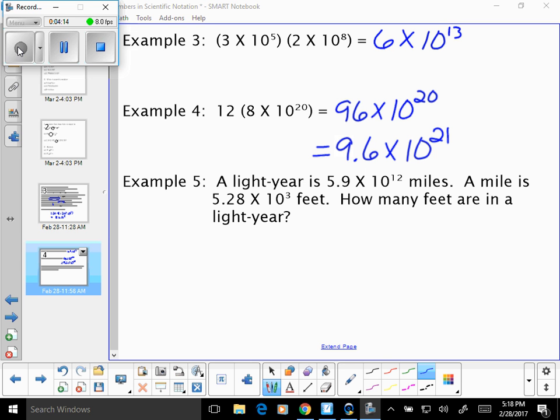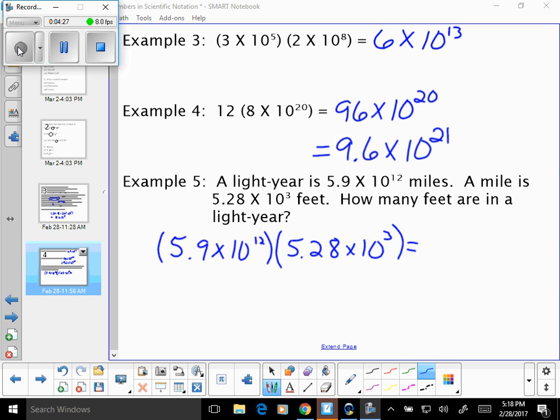To solve this problem, we are going to take 5.9 times 10 to the 12th times 5.28 times 10 to the 3rd. Now, if you have your calculator handy, otherwise press pause and get your calculator, you take 5.9 times 5.28. What did you get? 31.152.